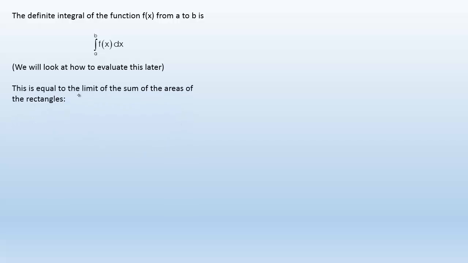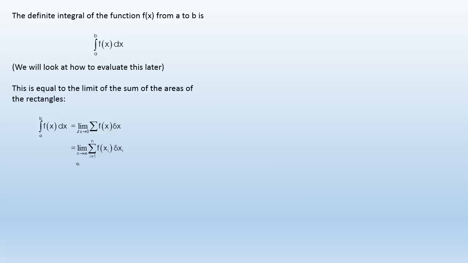This is equal to the limit of the sum of the areas of the rectangles with area f of x delta x, and we're looking at the limit as delta x tends to 0. So we're doing the sum of rectangle areas f of x delta x, and we're looking at the limit of that sum as delta x tends to 0.